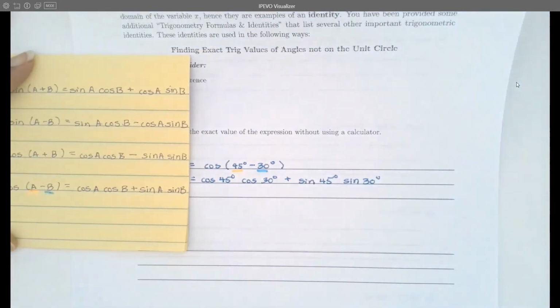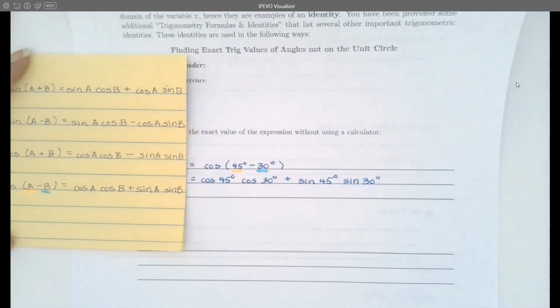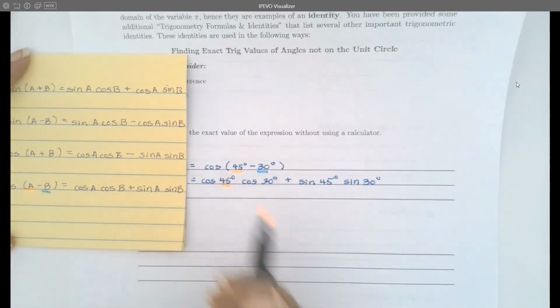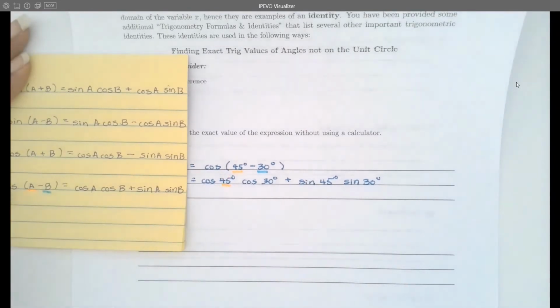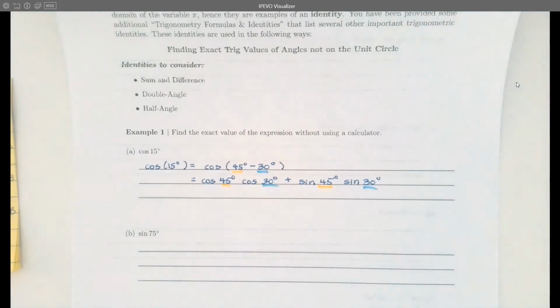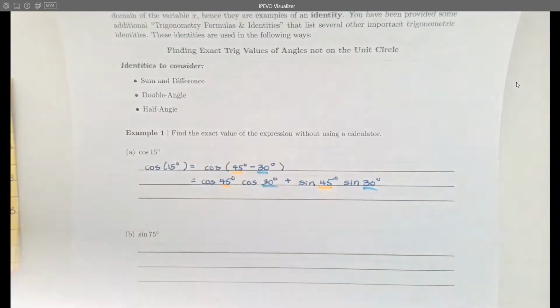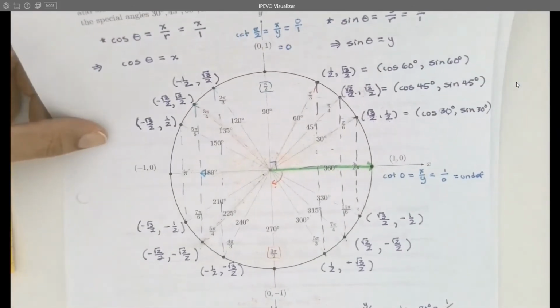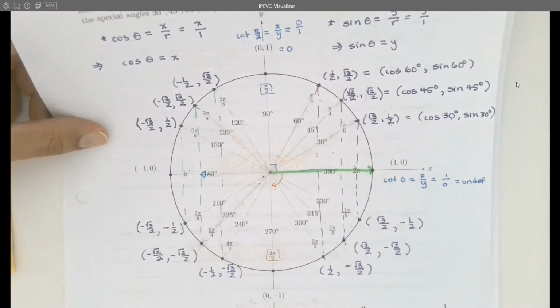And hence the reason why we want to write it in terms of angles that are on the unit circle, because now we can simply refer to it and find out what is cosine 45, what is cosine 30, and same for the sine function. Alright, so here is my unit circle. I have it handy from a set of lecture notes that we've considered in the past, lecture notes week 3.